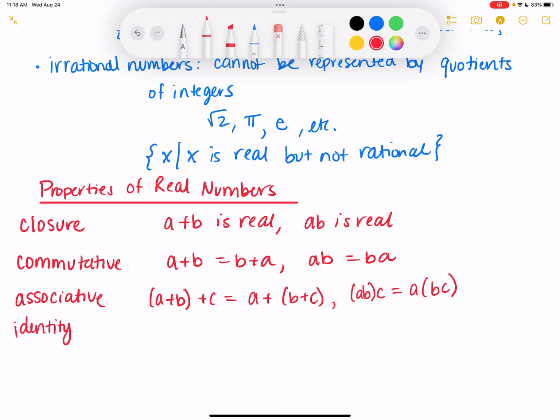Identity. A plus 0 equals a, or 0 plus a equals a. A times 1 equals a, or 1 times a equals a.